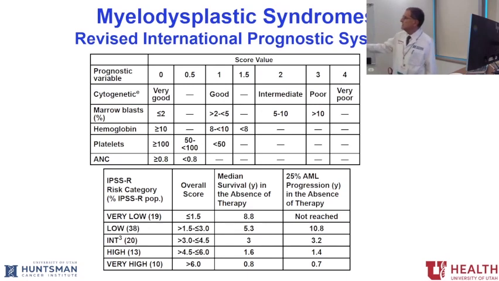And to put this whole thing together, you can have 5 different levels of risk that range from very low to very high. And the risk is basically the risk of developing acute myeloid leukemia, with a so-called median survival that can range from almost 10 years to less than a year without treatment.